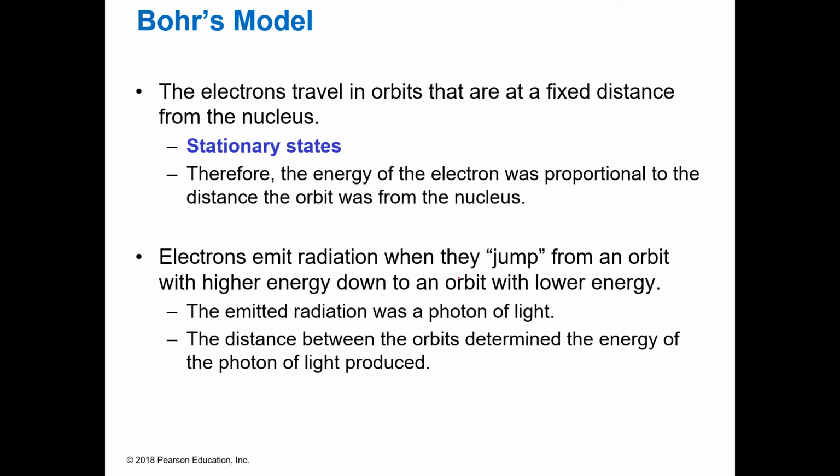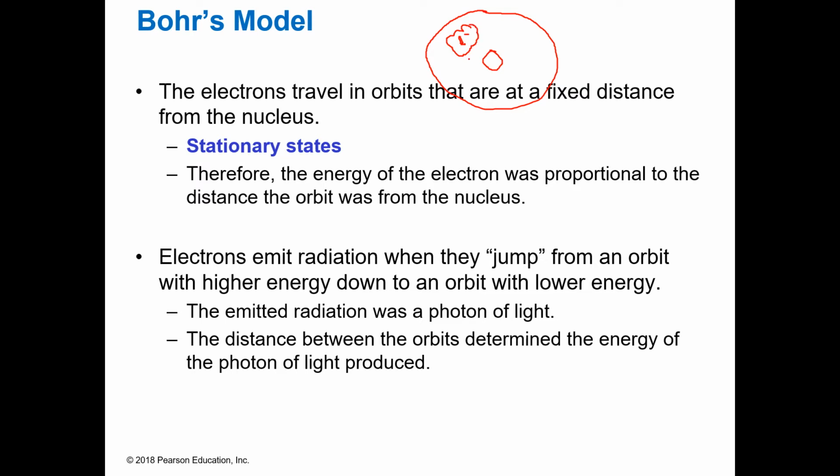In his model, he says that electrons travel in orbits that are a fixed distance from the nucleus. That's what we call a stationary state. So let's go back again to my atom, here's my nucleus. Let's say I have an electron here, this electron is going to stay in a certain area.